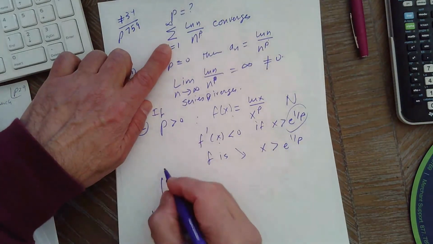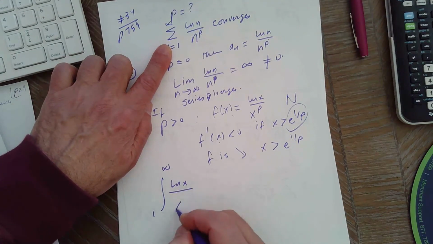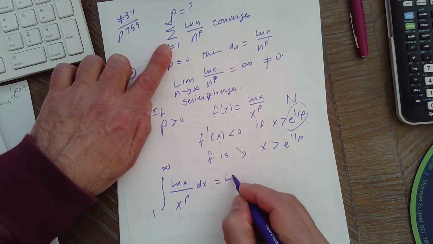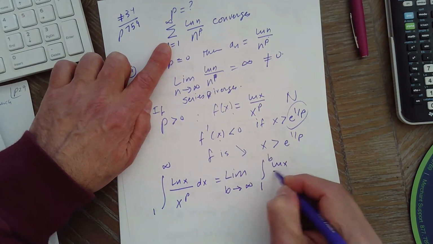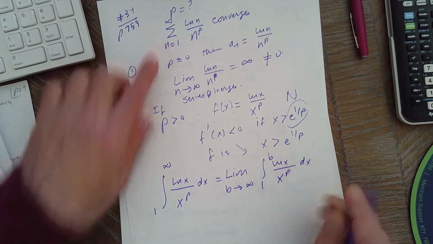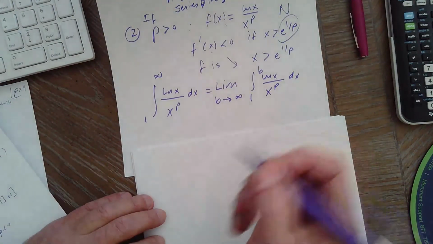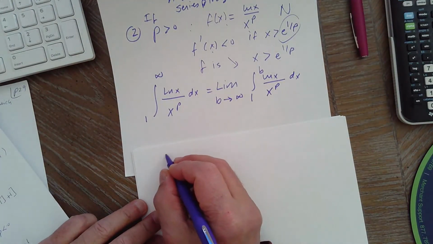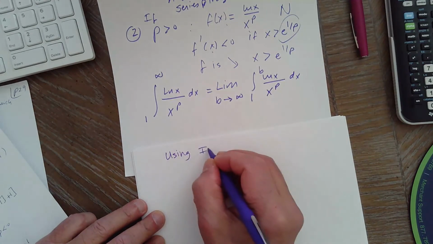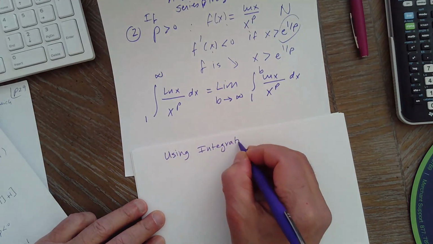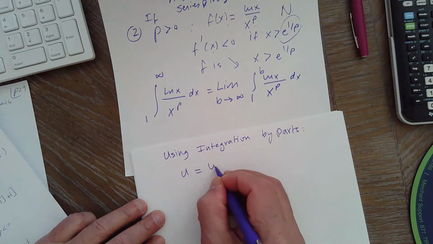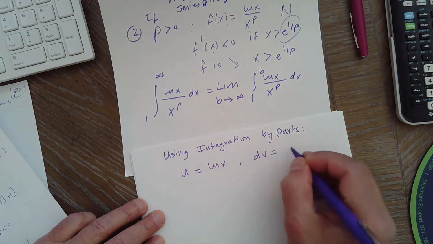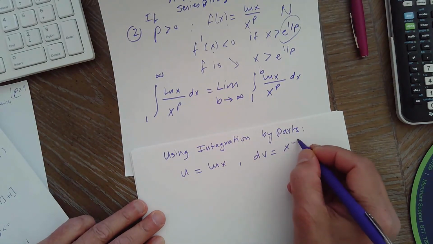Here's the integral test. The integral from 1 to infinity of ln of x over x to the p dx, which by definition is the limit as b goes to infinity of the integral from 1 to b of ln of x over x to the p dx. We're going to use integration by parts. Letting u equal ln of x, dv is x to the negative p dx.